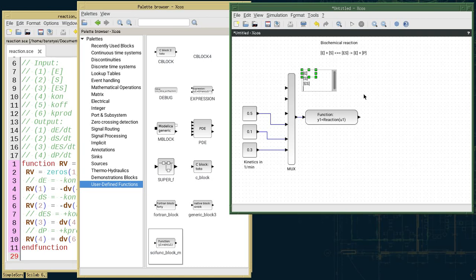Then comes the kinetics, k on, kinetics, k off, and kinetics production. Okay, so these are basically all the parameters, and now they are listed here next to the multiplexer to remind me how I have to connect the parameters. Of course, I have an output as well.